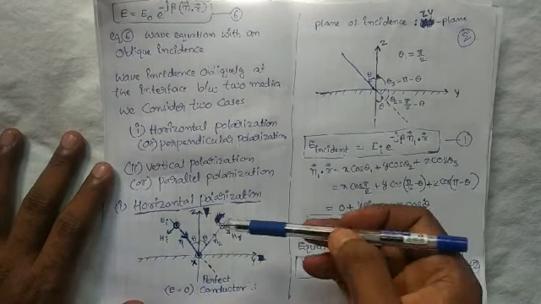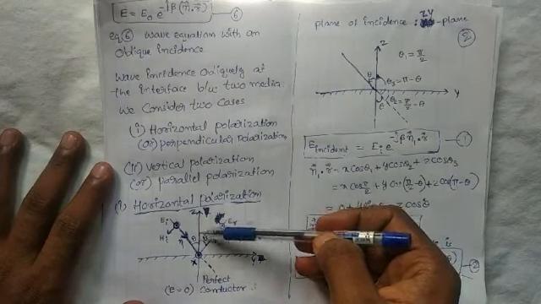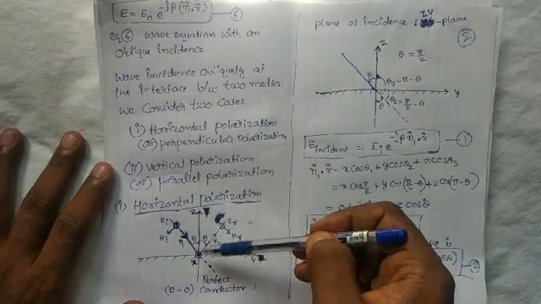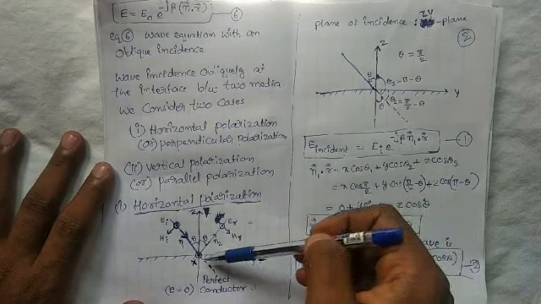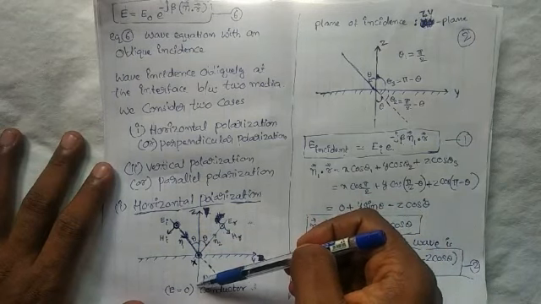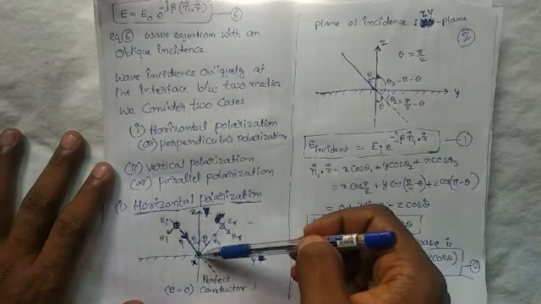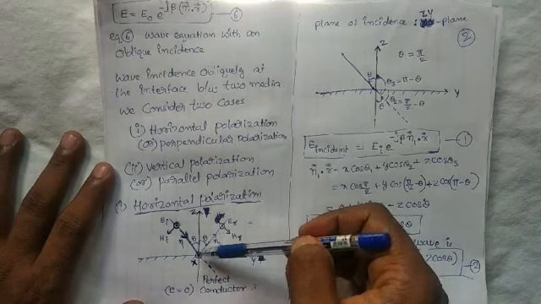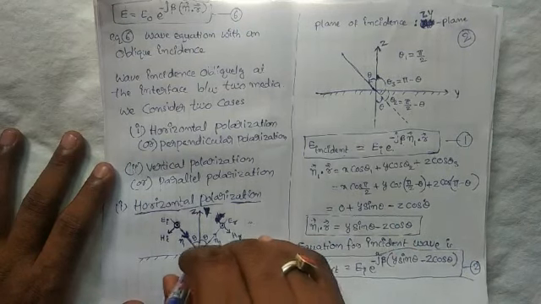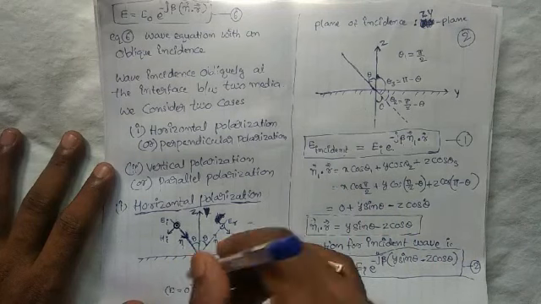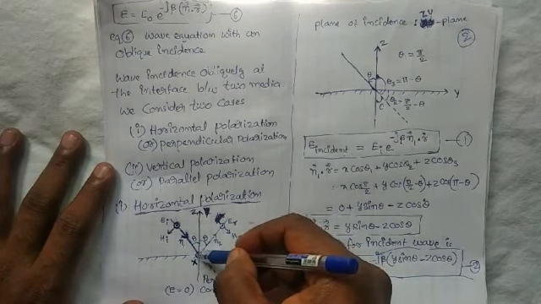Horizontal polarization. I am considering YZ as the plane of incidence. We are indicating the x-axis. The x-axis is out of this page. How do we mark it at the center origin?